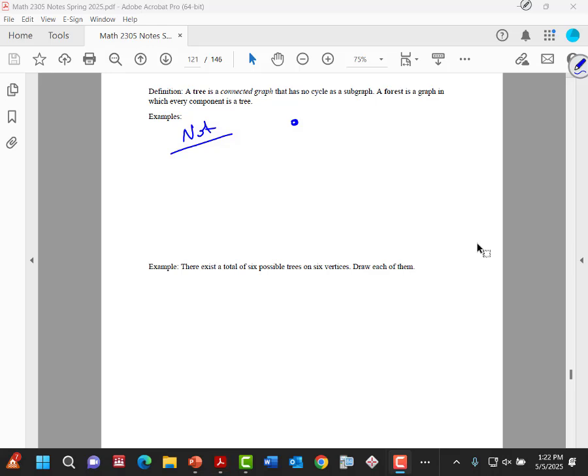This is not a tree. This example that I just drew right here, this was not a tree.